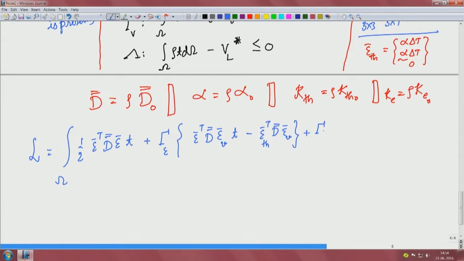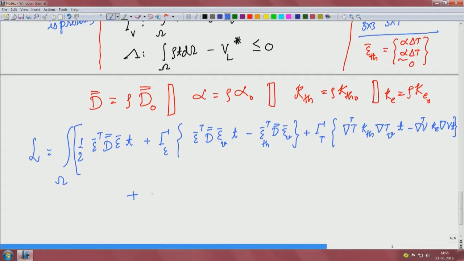Then we will have gamma thermal that will be multiplied by del transpose K T H del T plus del transpose V K E del V, that also will have T, plus one more. So, all this is going to be the integrand.